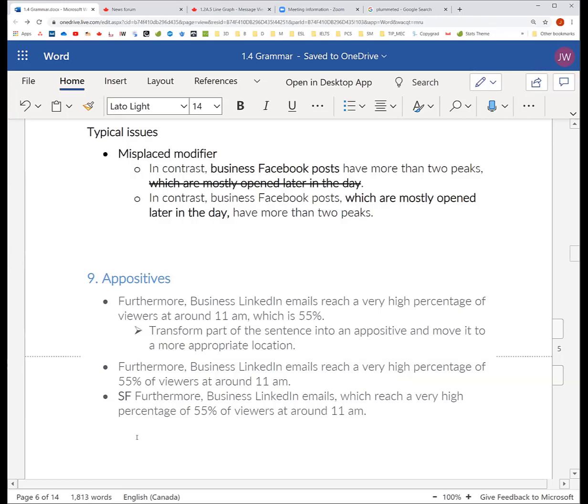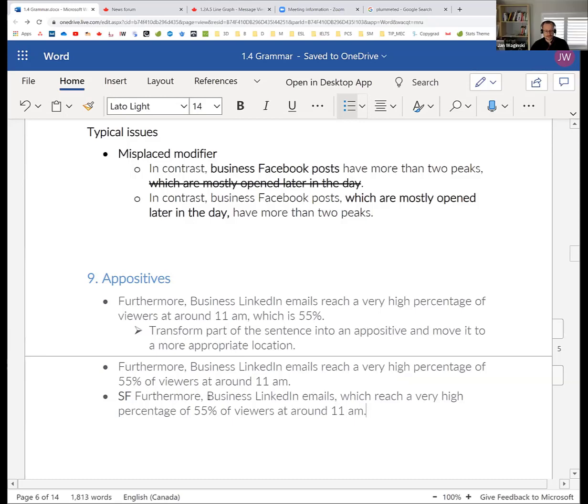Why? That's the million-dollar question. What is your independent clause? There is no independent clause.